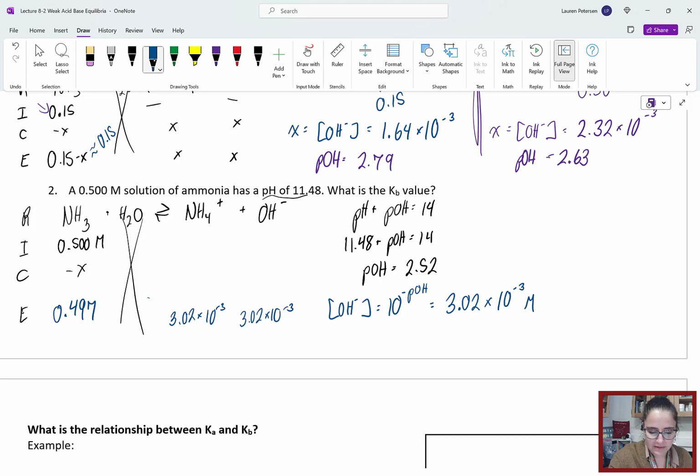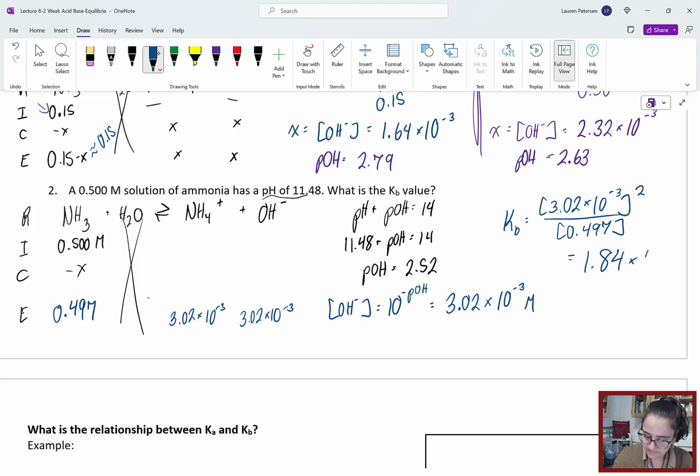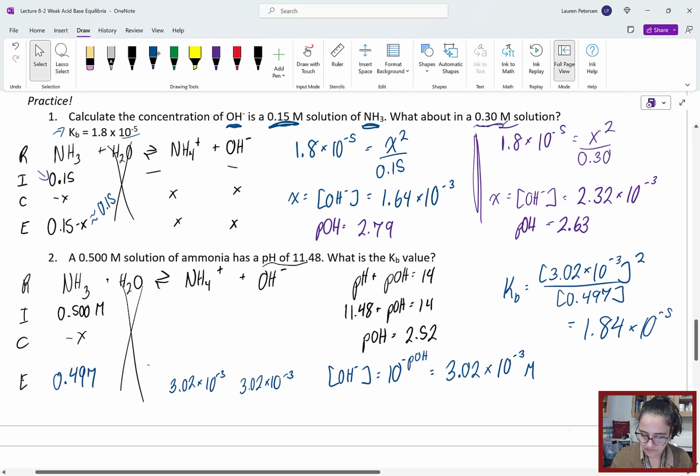So calculating the Kb value then, we will have that 3.02 times 10 to the negative 3 squared over 0.497, which gives us a Kb value of 1.835, so 1.84 times 10 to the negative 5.